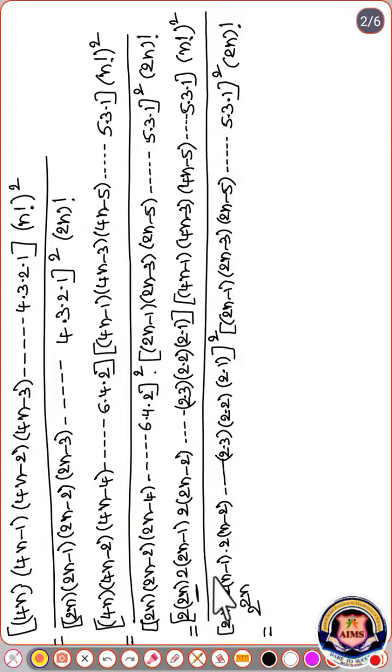After that, after writing 2 power 2n, remaining values you will write: 2n, 2n minus 1, 2n minus 2, and so on. 2 went outside for common, remaining values 3, 2, 1.